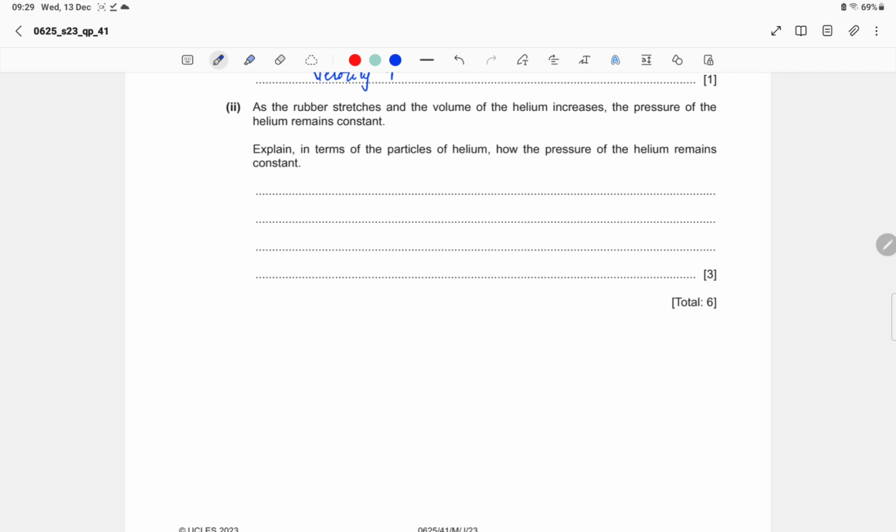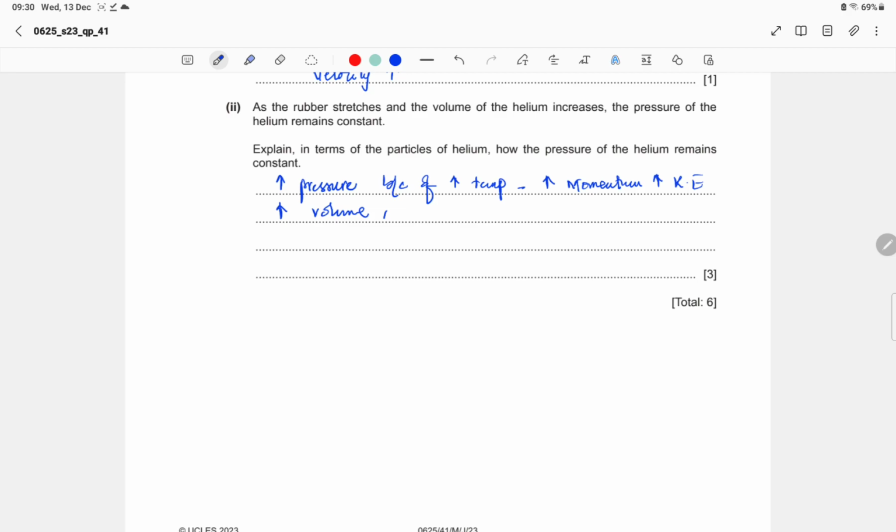As the rubber stretches out and the volume of the helium increases, the pressure of the helium remains constant. Explain in terms of particles of helium how the pressure of helium remains constant. So now you see, there will be more pressure because of high temperature, and the molecules' momentum will be more, their kinetic energy is also going to be more, and volume is going to increase.